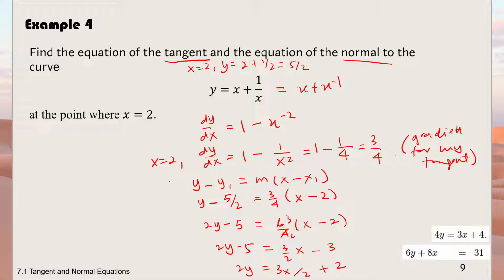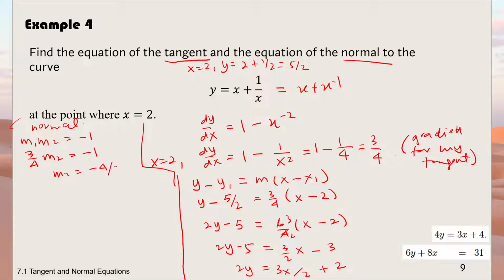You do the same thing for your normal. So how to find the normal? The normal is when m1 multiplied by m2 equals negative 1. Since m1 is 3 over 4, m2 is negative 4 over 3.